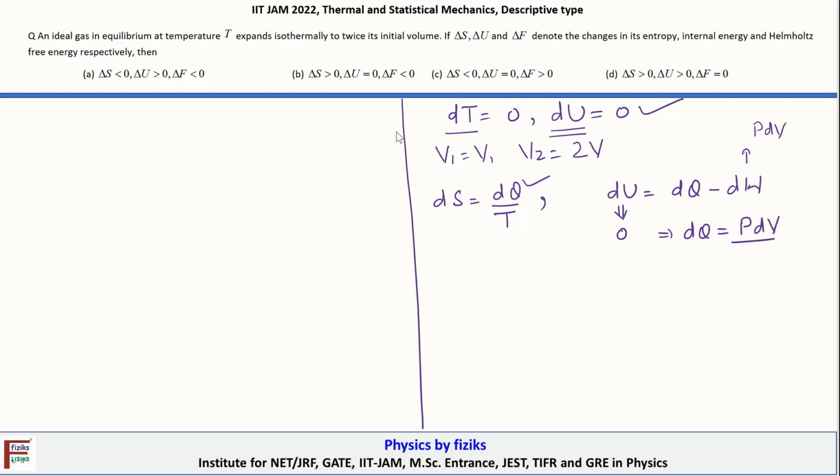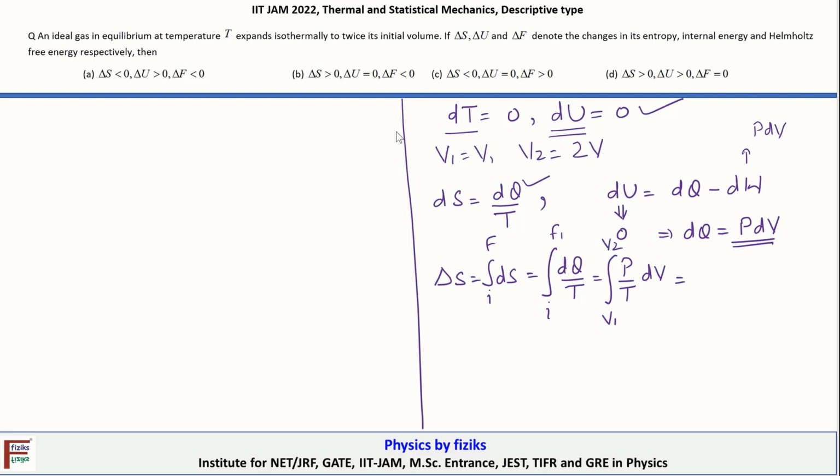By making use of this definition, we can evaluate the net entropy change delta S, which is equal to the integral of dS from the initial equilibrium state to the final equilibrium state, that is dq by T. Substituting the value of dq, this is P by T dV, and because the volume is changing, we write the limits V1 to V2.